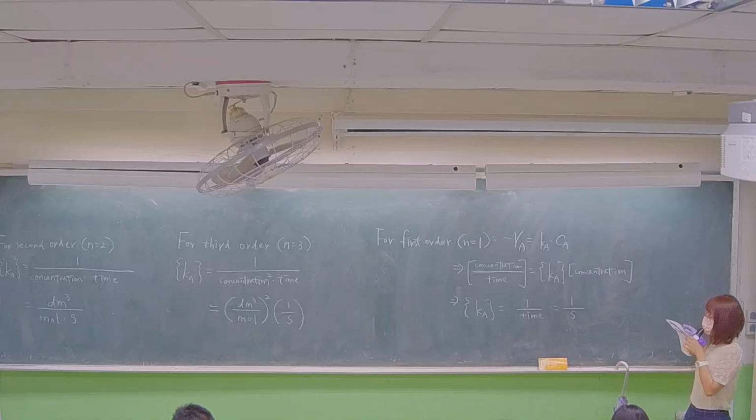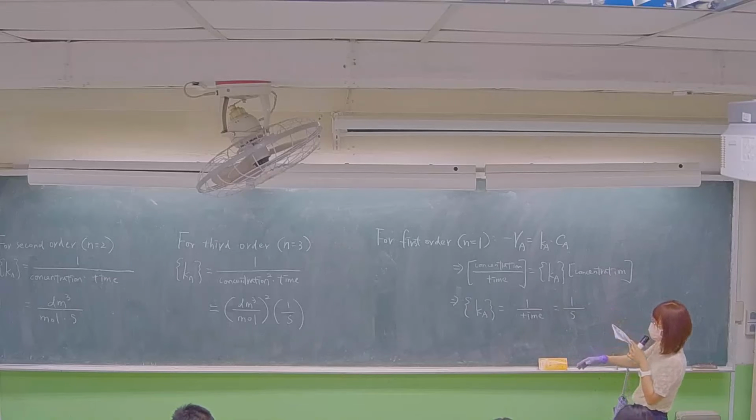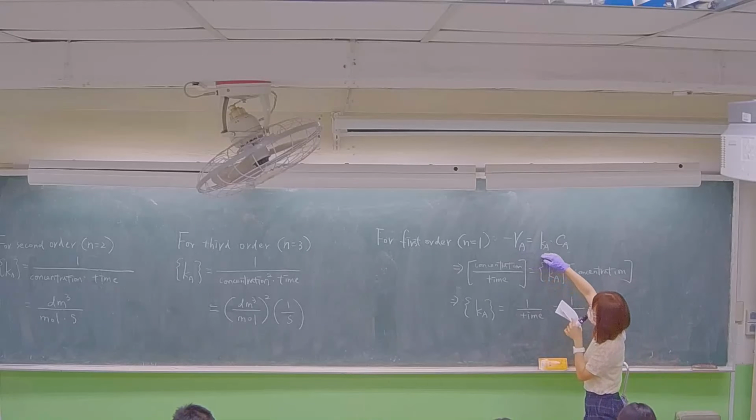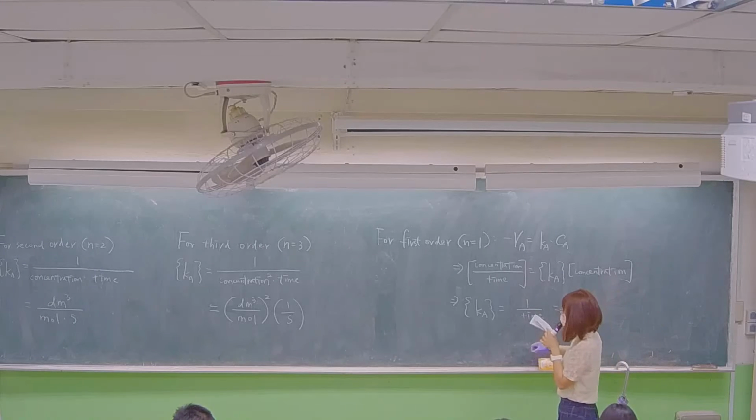If you forget the unit for Ka, you can try to analyze it. I suggest you don't have to memorize all of the units, but it is okay to just write down this one and check the unit.